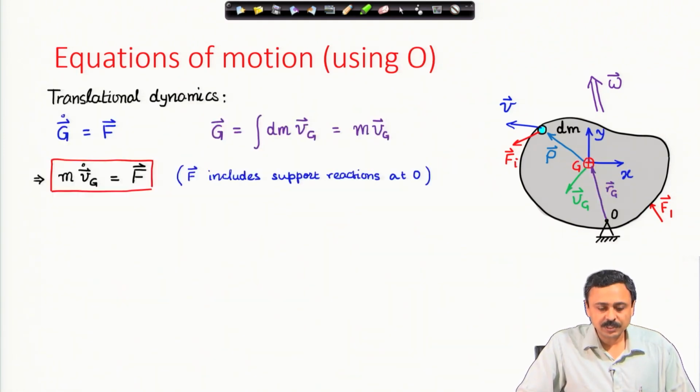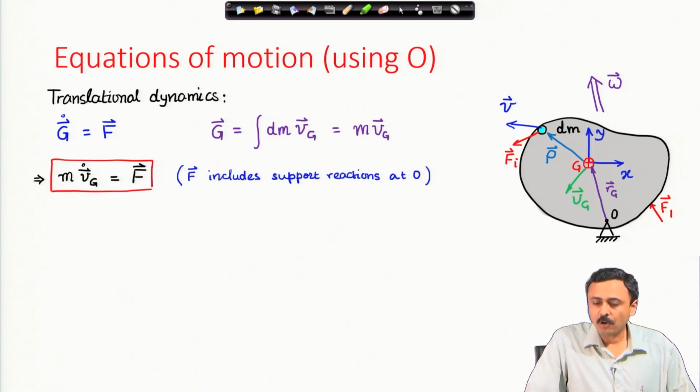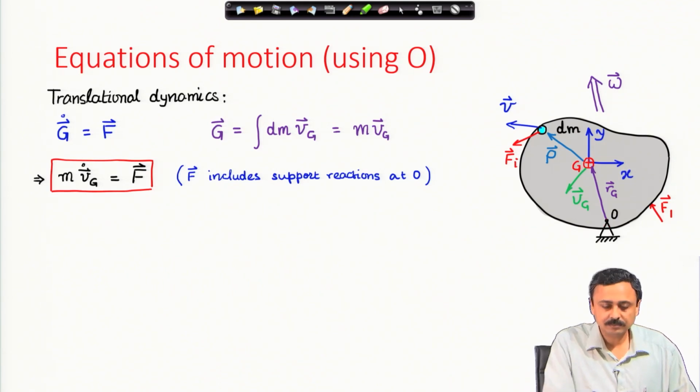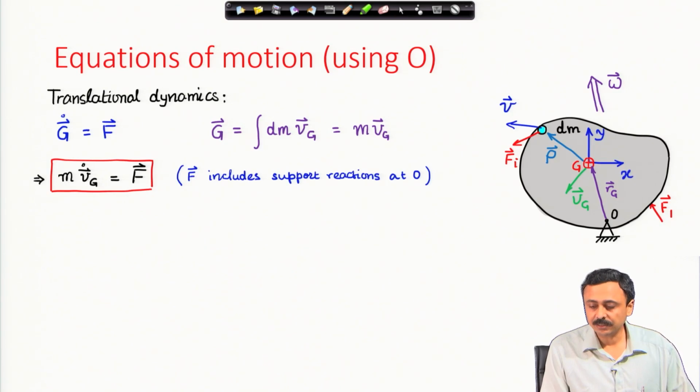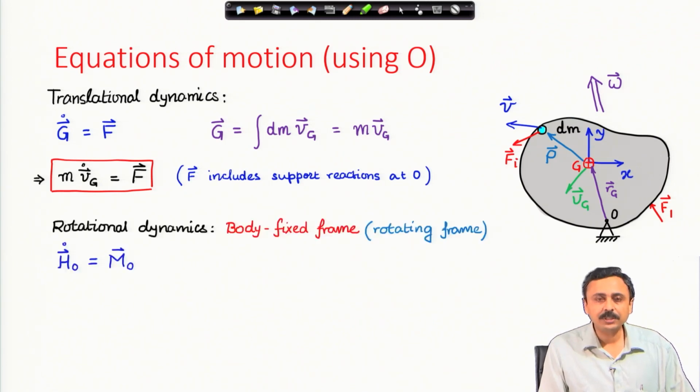We have therefore the translational dynamics, for now using a point O, which is a fixed point in inertial space, and this body is rotating with this point fixed. Translational dynamics is written in the same way, only thing you have to remember is that this net force must include the reaction force at the support point O. Therefore, F includes the support reactions at O. Rotational dynamics I can write as h naught dot equals m naught, this we have seen before.